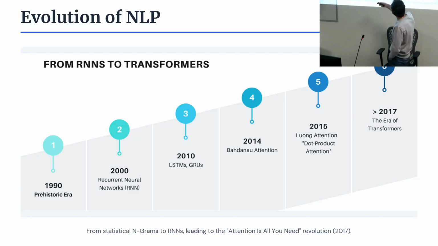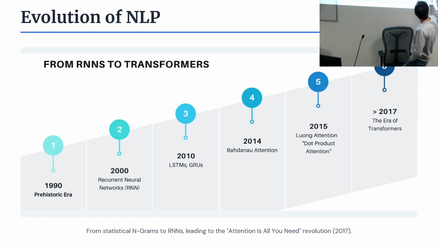Take all of these dates as approximate. Okay? So more or less 10 years later, different derivations of recurrent neural networks were born to improve performance: long short-term memory networks and gated recurrent units. We will mention this briefly, so don't worry.